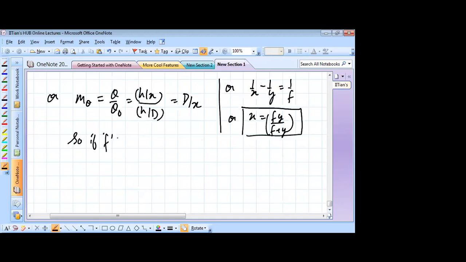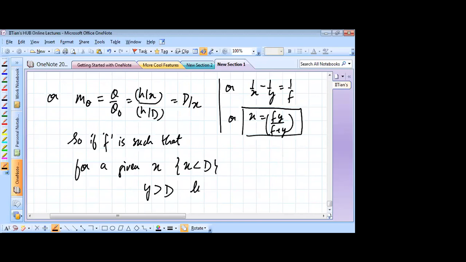So if the focal length is such that for a given x which is less than capital D, y is greater than capital D, then our eye is able to create a focused image.